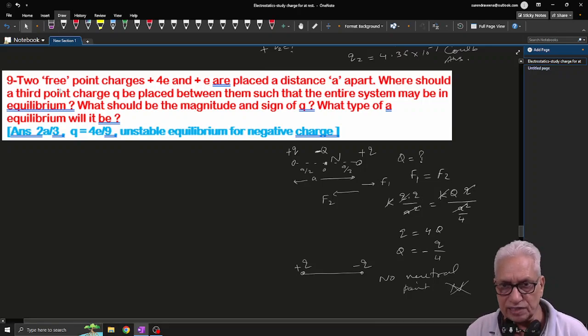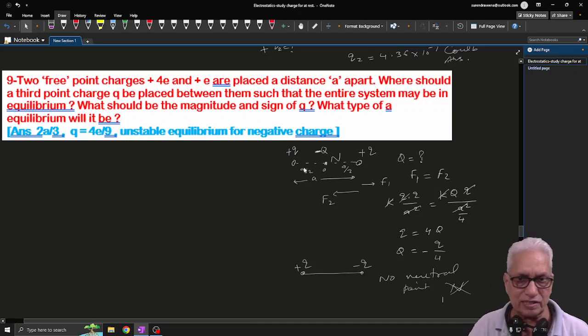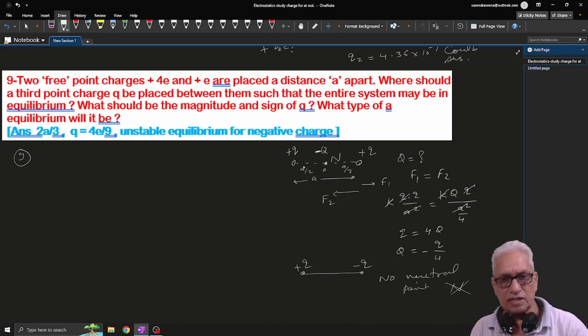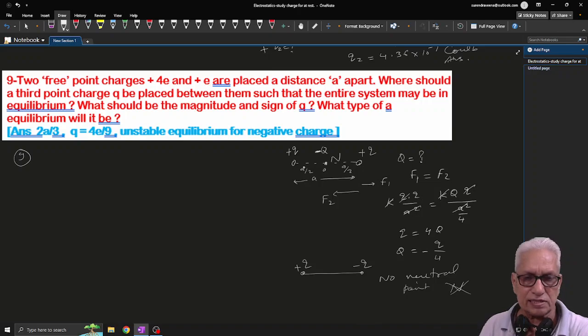But suppose you are taking both similar charges but of different magnitude, like in question number 9, then find out the neutral point position as well as the charge magnitude which we have to put at the neutral point.